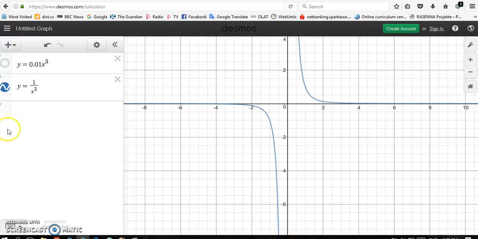And this then is a kind of invisible line that's part of the function but isn't actually part of the function because it's never part of the function. But it kind of looks like a line that we can see within the function. And this type of line that the function never hits but just gets closer and closer to is called an asymptote.